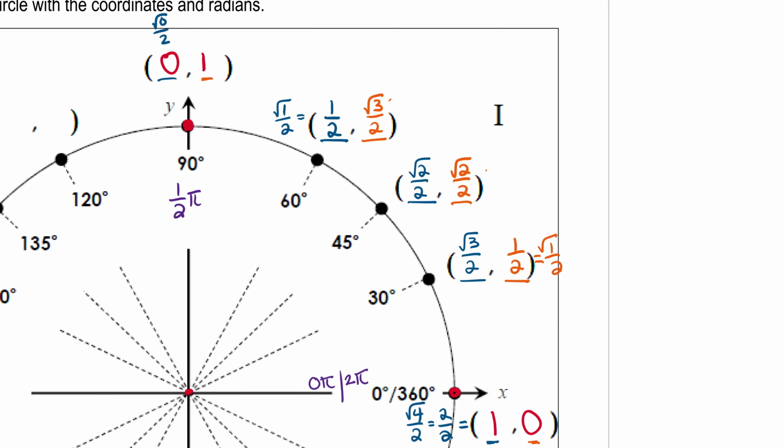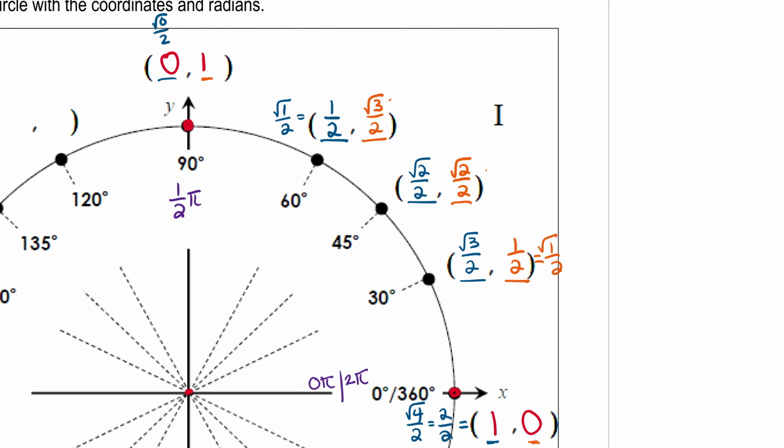Now I want these three in the middle. Well, again, I'm not sure how well you understand fractions or your thinking process, and maybe you can come up with a way to remember these. I always do, okay, so half of pi, or I'm sorry, half of a half.